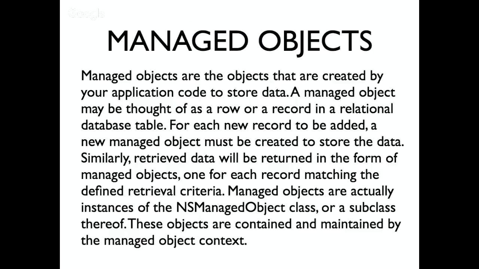For each new record to be added, a new managed object must be created to store the data. Similarly, when retrieving data, you'll need a managed object as well. You'll see this in the lab tonight. We'll show you how to create a managed object to read files from core data and to write files to core data, and those are the two operations we'll be playing with, reading and writing.